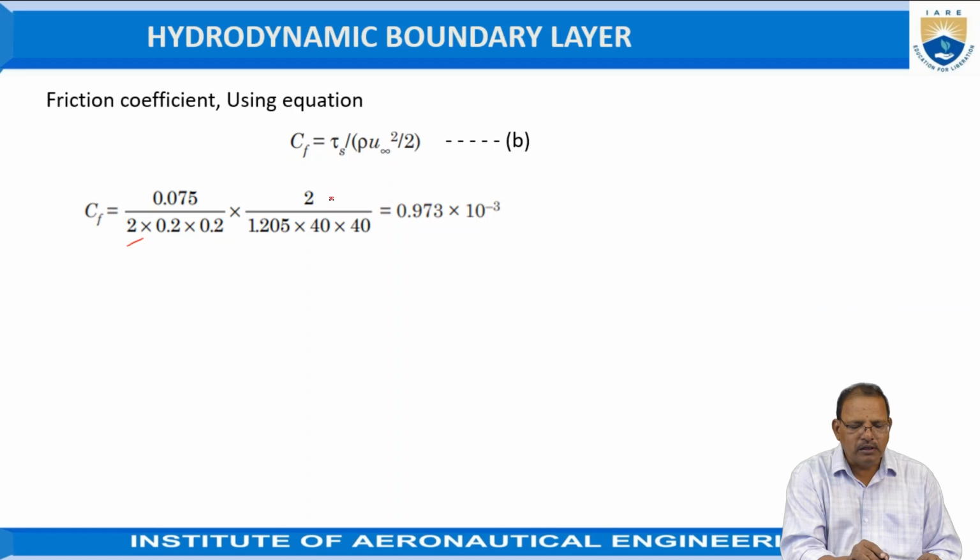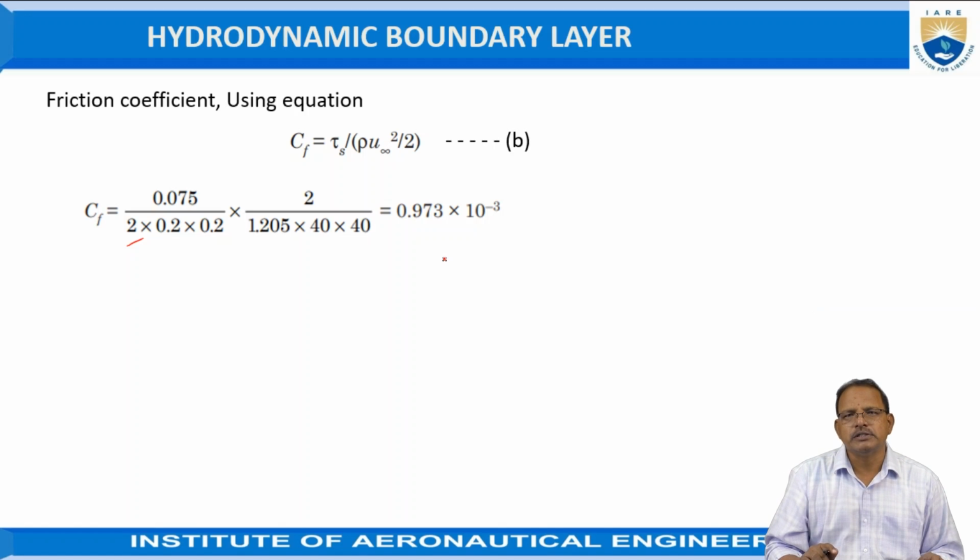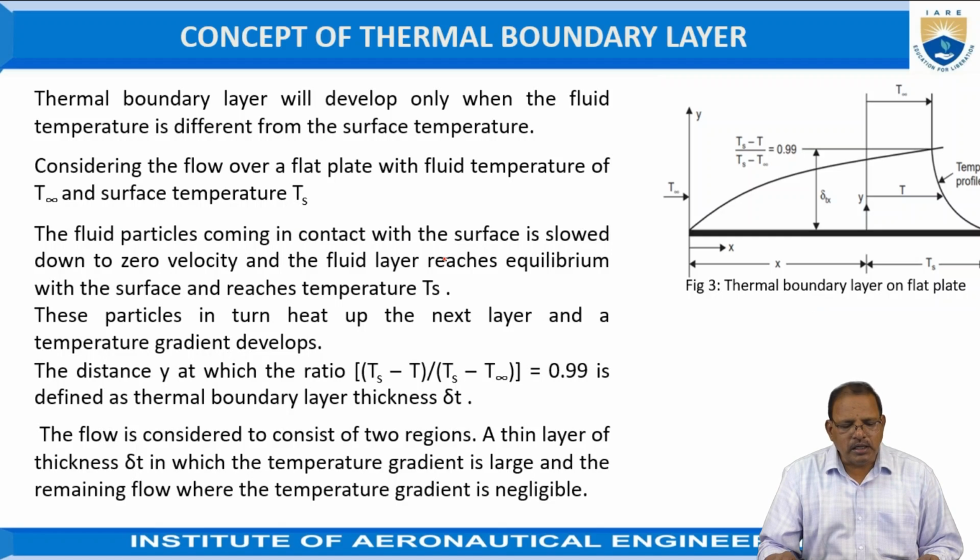Then dividing by (1.205 into 40 squared divided by 2), we get 0.973 x 10^-3, a dimensionless number. Next, we take up the concept of the thermal boundary layer.